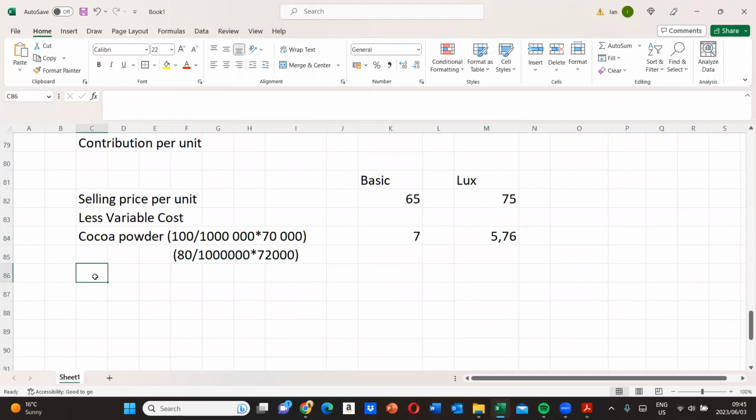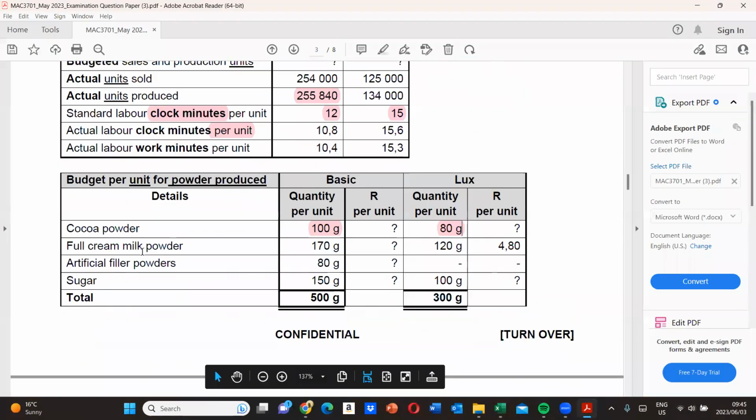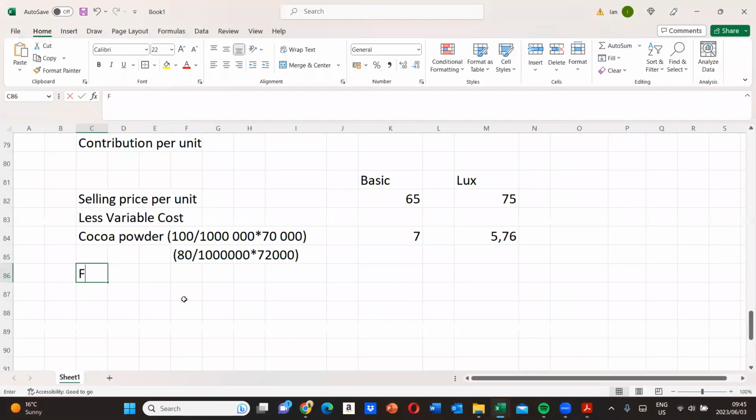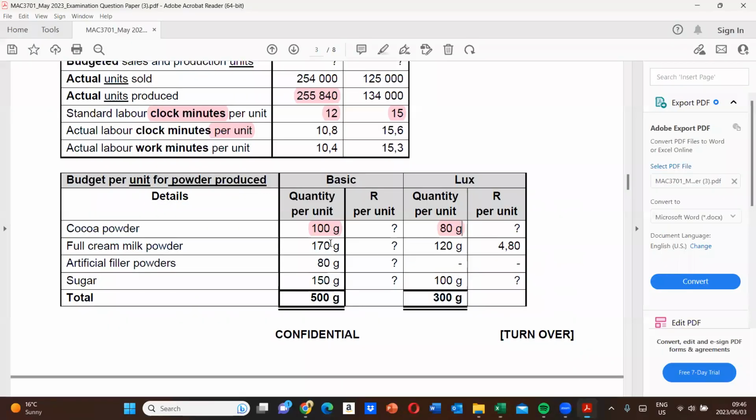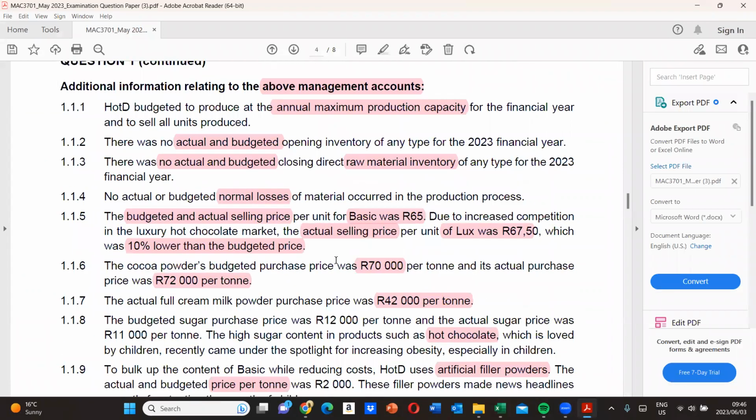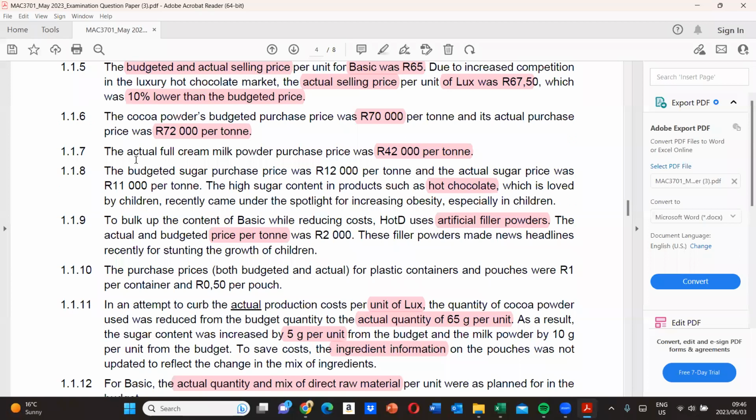All right, and then we look at the next variable cost. What is the next variable cost? In this regard, we have full cream milk powder. We are told 170 grams of full cream milk powder, and the actual full cream milk powder purchased was 42,000 rand per ton.